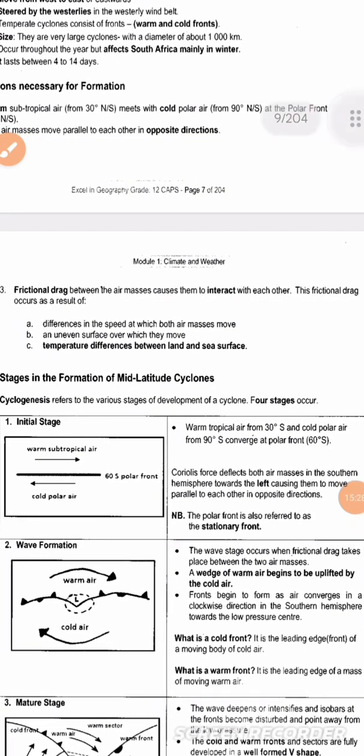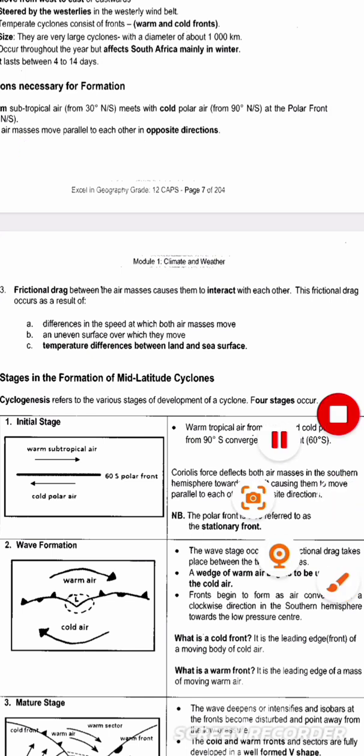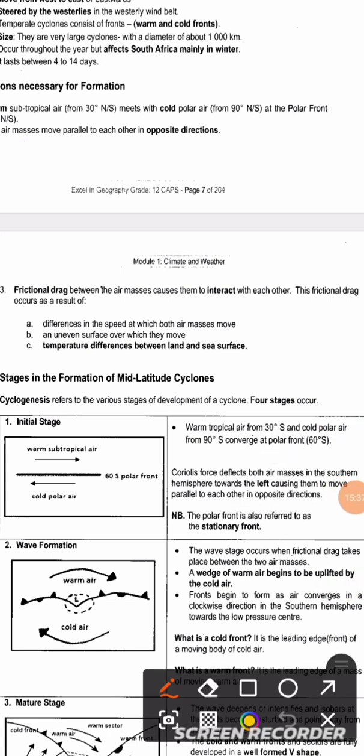Frictional drag between the two air masses causes them to interact with each other. This frictional drag occurs as a result of differences in the speed at which both air masses move, uneven surface over which they move, and temperature differences between the land and the sea surface.